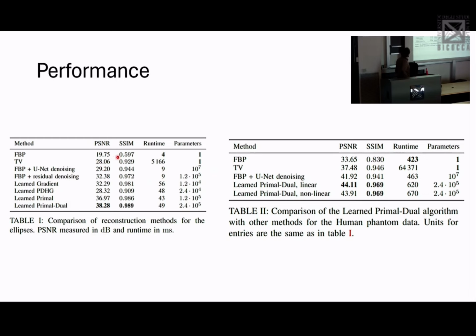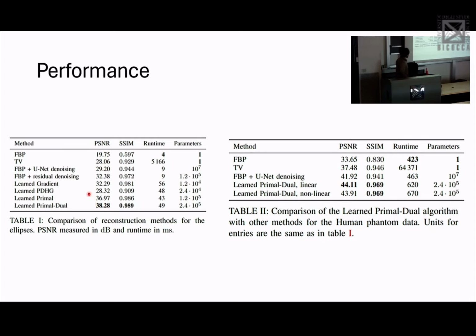With total variation, you already go up to 28. And in FBP and in total variation, you don't have any hyperparameter that you need to learn. And you have a runtime in milliseconds, but of course, total variation, given that it's a lasso regression, takes quite a bit. Then you can denoise the output of the FBP, and you get an extra decibel.